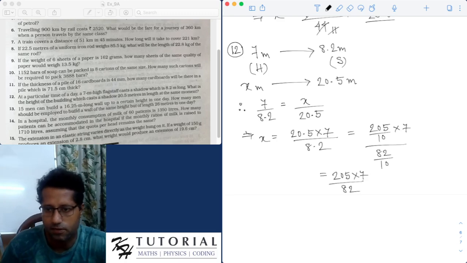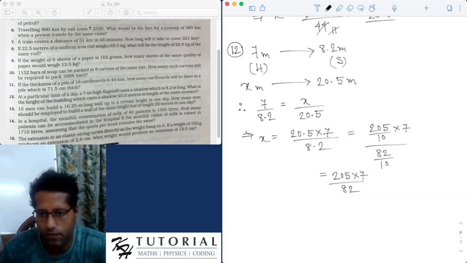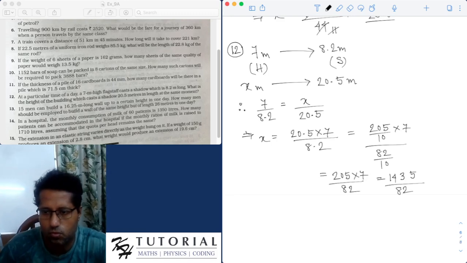we have to simplify this. Now 205 into 7 is 1435, so this is 1435 by 82.